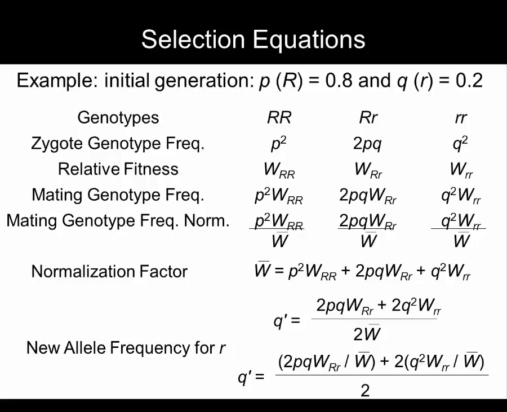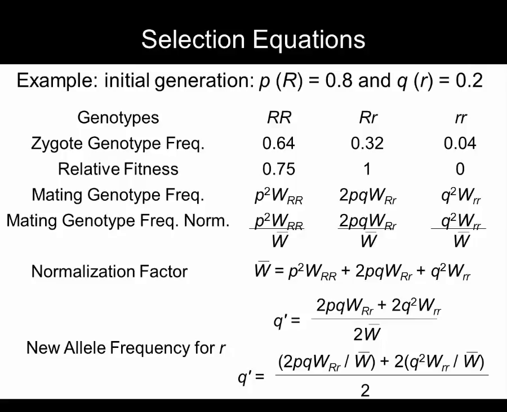Let's look again at our scenario where p equals 0.8 and q equals 0.2. Our zygote genotype frequencies are 0.64, 0.32, and 0.04 as we calculated before. We'll also use the same relative fitness values from last time. 0.75 for homozygous dominant, 1 for heterozygous, and 0 for homozygous recessive.